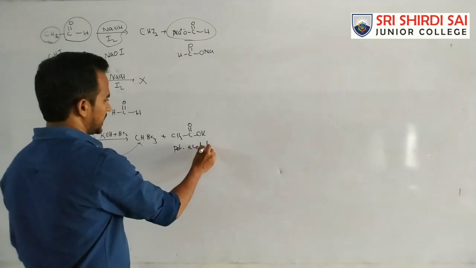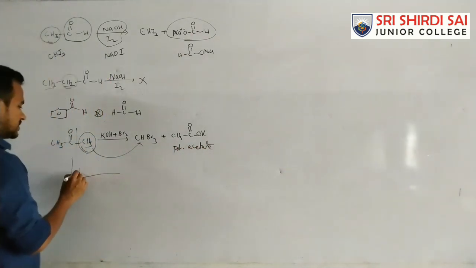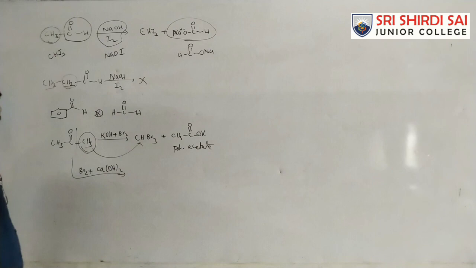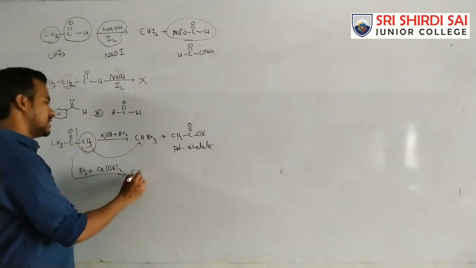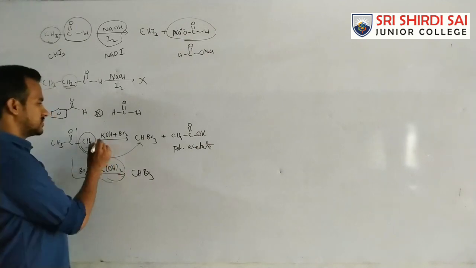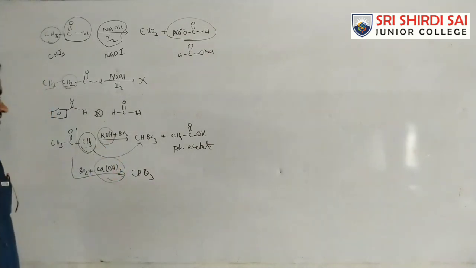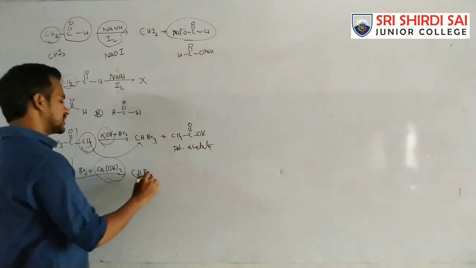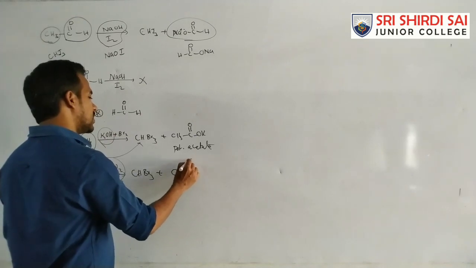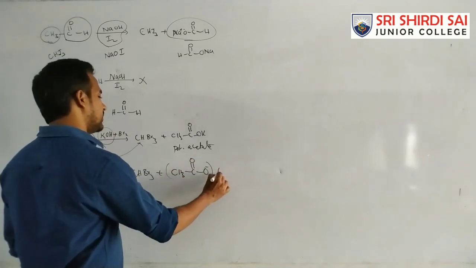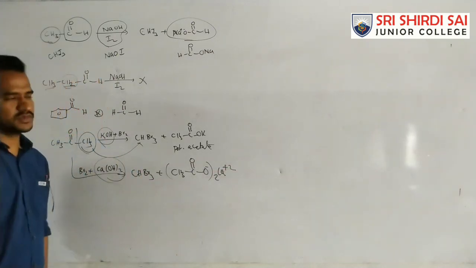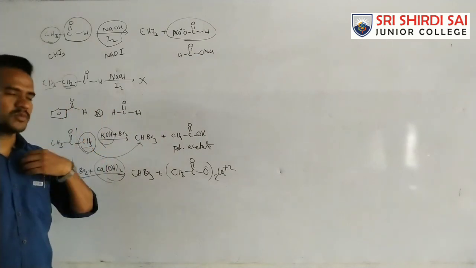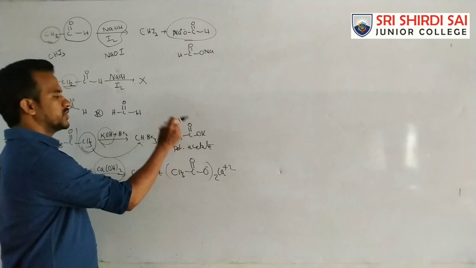Suppose this acetone is treated with Br2 and calcium hydroxide. Then what is the product? Again the same, in the presence of base. A base is needed, either KOH or calcium hydroxide. All 3 hydrogens are replaced by bromine, producing CHBr3, and the remaining group is converted to a salt. So (CH3 C double bond O O minus) twice, Ca plus 2, because calcium is bivalent, whereas potassium is monovalent. So it is calcium acetate, versus potassium acetate.